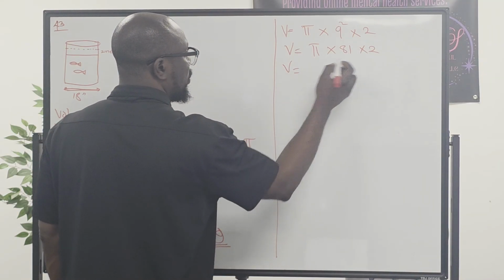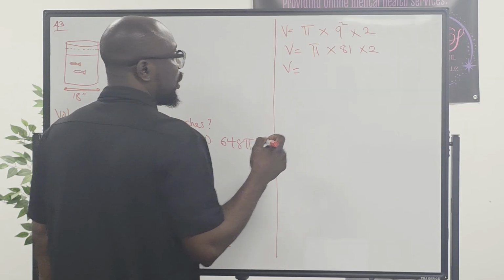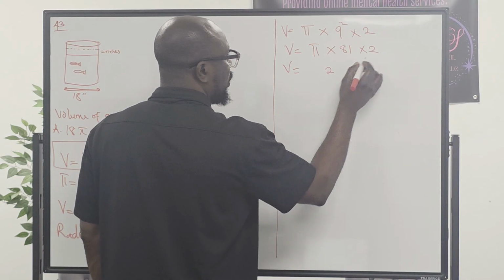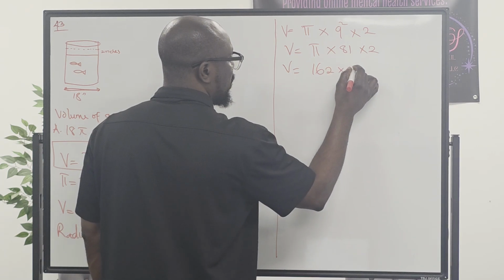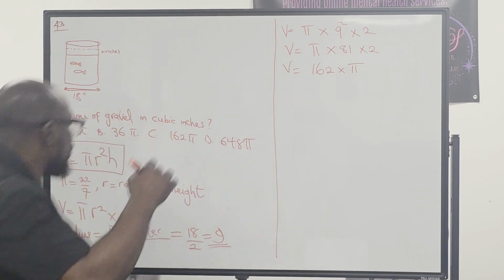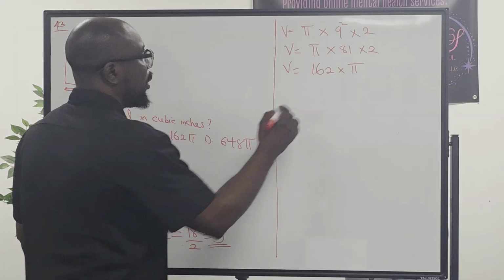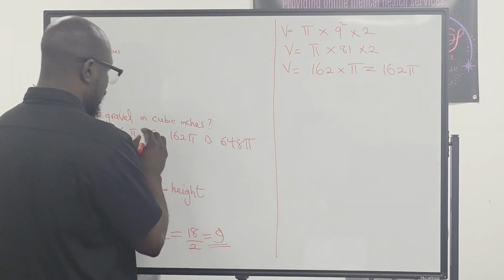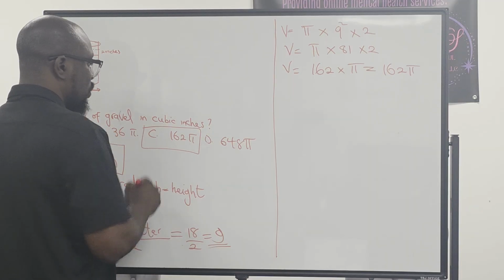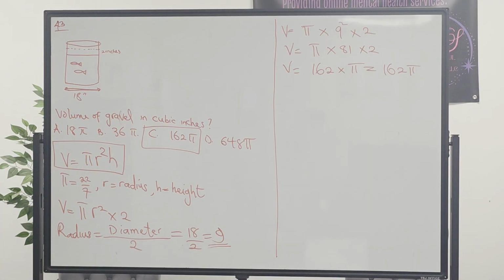So V equals 2 times 81. 2 times 1 is 2, 2 times 8 is 16. So you have 162 times pi. So the answer should be 162 pi, and I think our option is option C, 162 pi. That is how you solve that question.